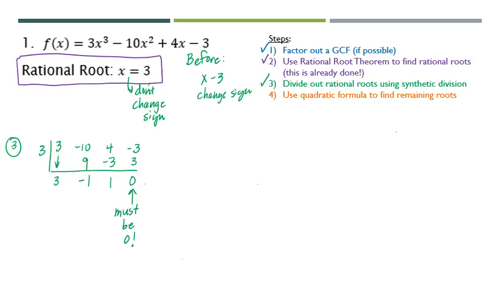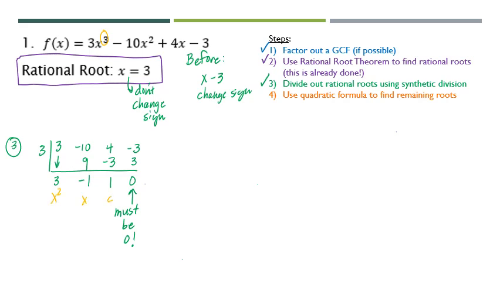Our final step, step 4, is to use the quadratic formula to find the remaining roots. Remember, when you do synthetic division, your answer is 1 degree less than your problem. Since our problem was x cubed, our answer is going to start with x squared, x, and then our constant.